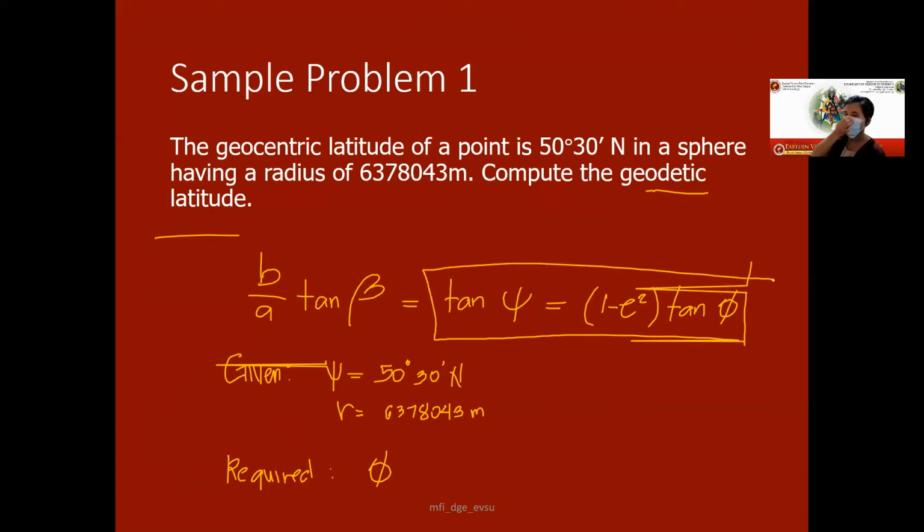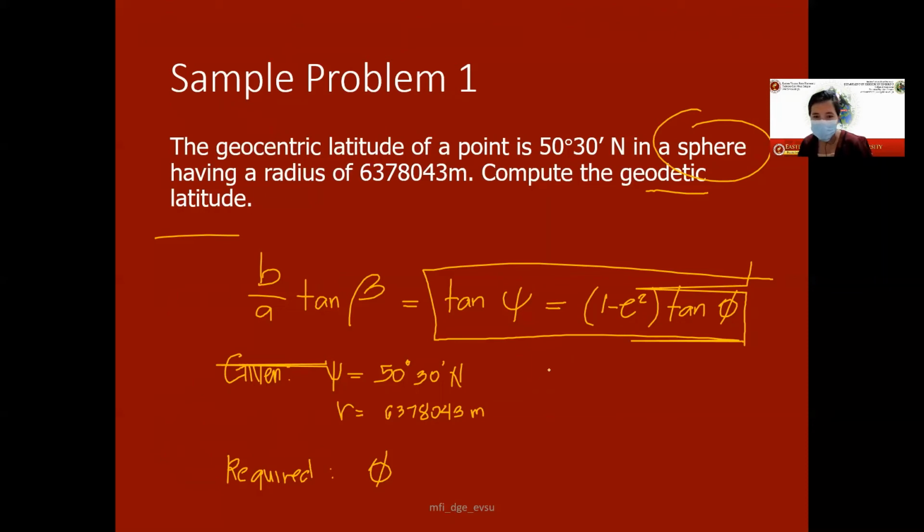But can you read the problem again? The geocentric latitude of a point is 50 degrees 30 minutes north in a sphere having a radius of 6378043. Again, in a sphere. So you have here a problem in a sphere. If it is a perfect sphere, which means the radius is equal for all types of latitude, right?